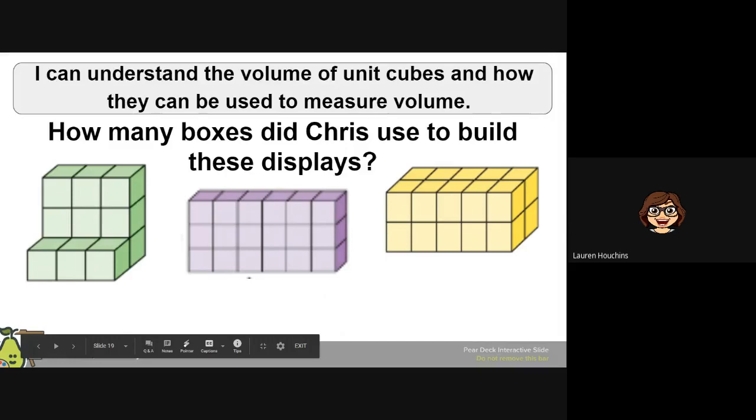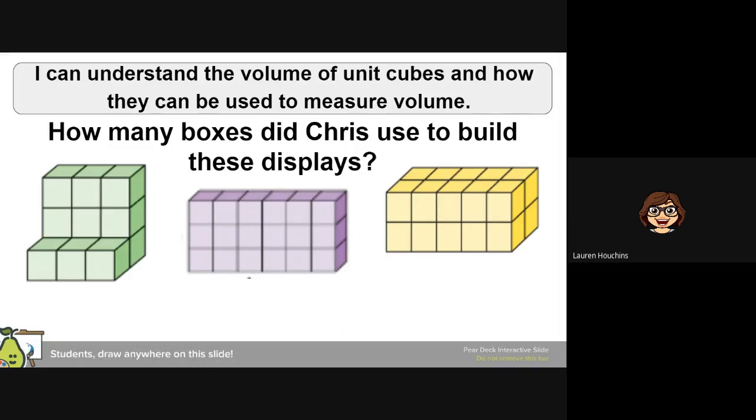Purple only has 1 column row of them, I guess. So I can count. I see all of the purple ones. So all I have to do is count. Or I could use multiplication. So there are 3 in each row, and I have 1, 2, 3, 4, 5, 6 rows. 3 times 6 is 18.